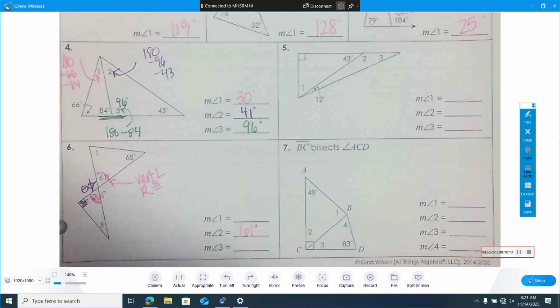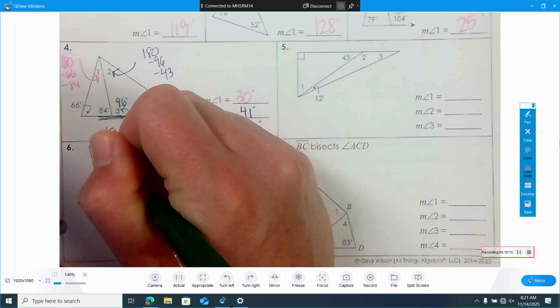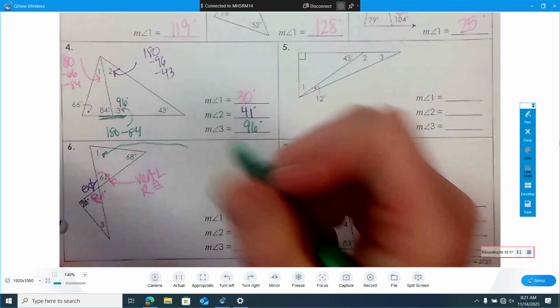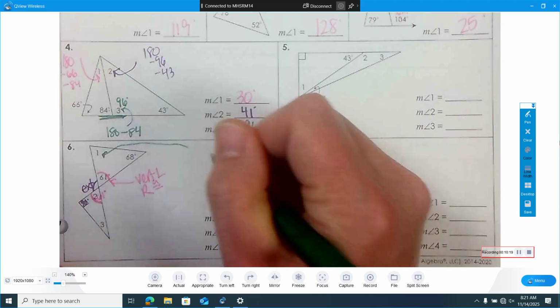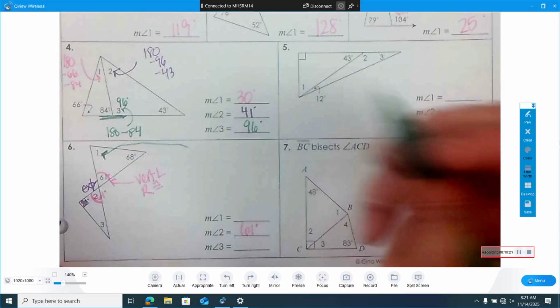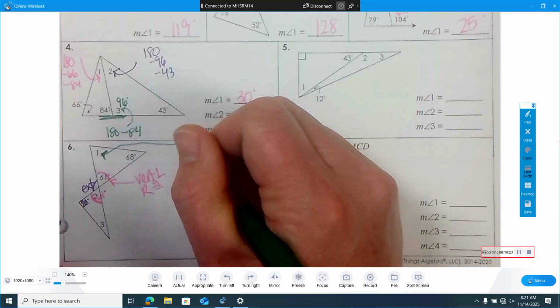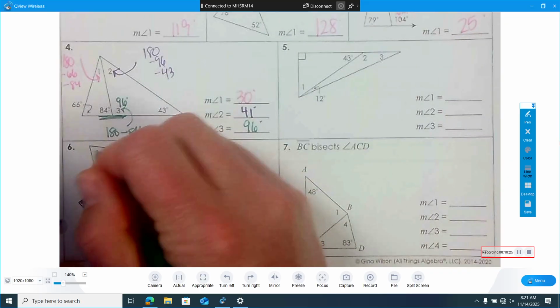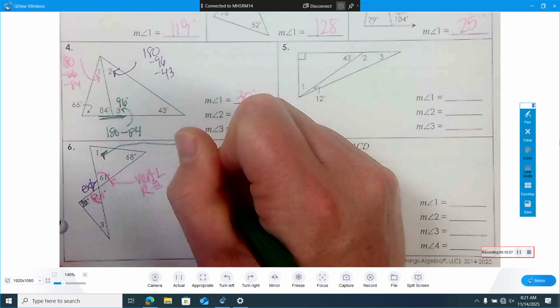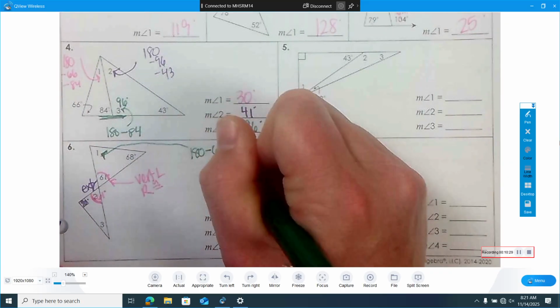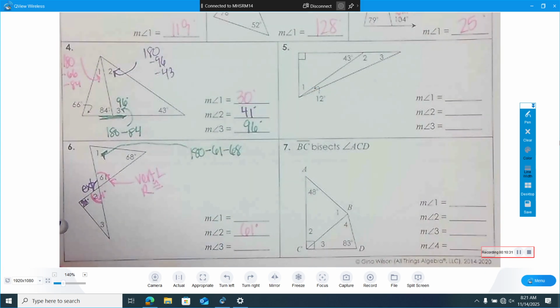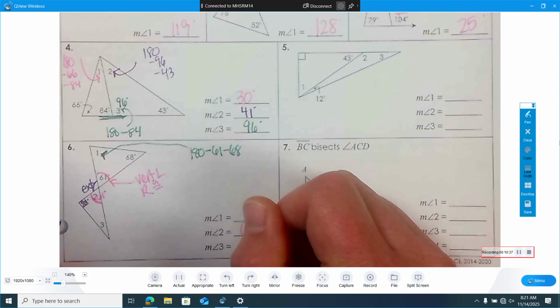All right, can we figure out the measure of angle 1? Yep, how do we do that? Subtract from 180, yes, because the angles in a triangle add to 180. So 180 minus 61 minus 68 gives me 51.